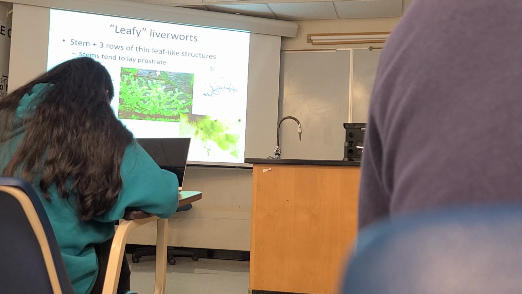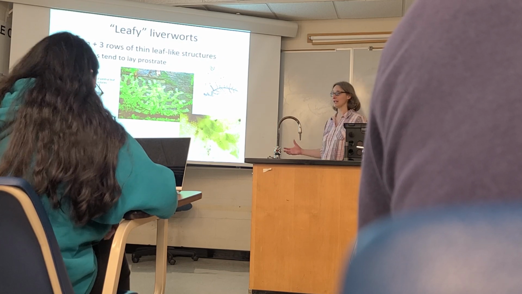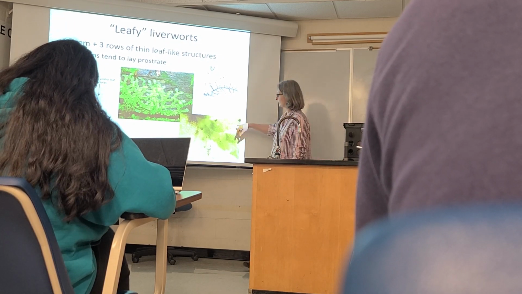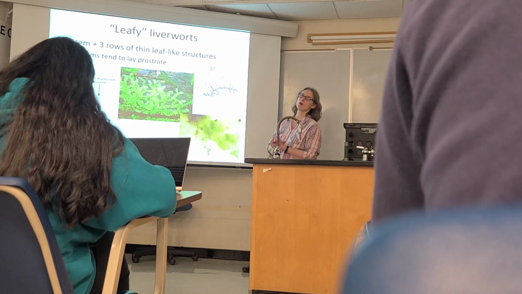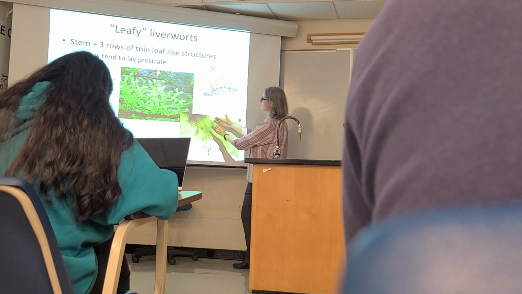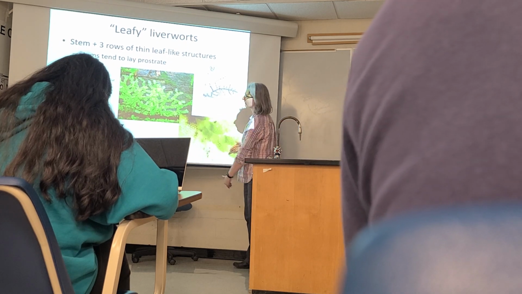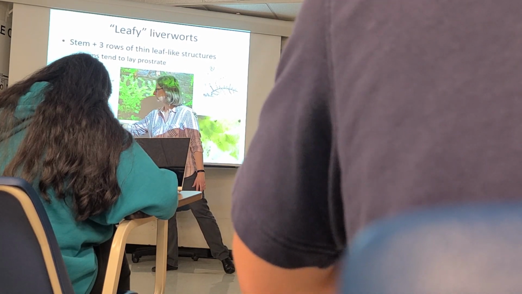Now, the leafy liverworts, which look a little bit more like what we think of as plant, have these things that look like leaves. They're not leaves because they don't have vascular tissue, but they look more like leaves, little scales that you see right here. They'll have 3 rows of these. They have 2 that split on the side here, and then they have 1 layer that sits right here on top of that. They do tend to lay prostrate, again, trying to keep those cells in contact with moist soil.